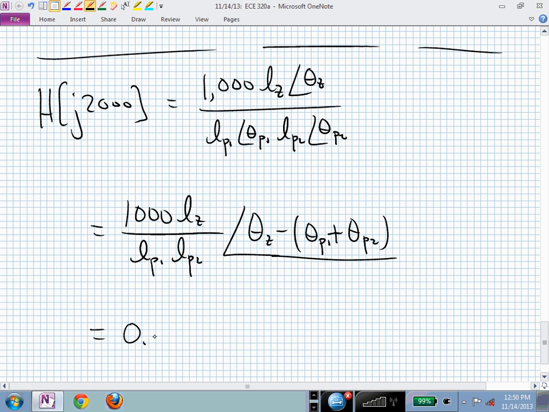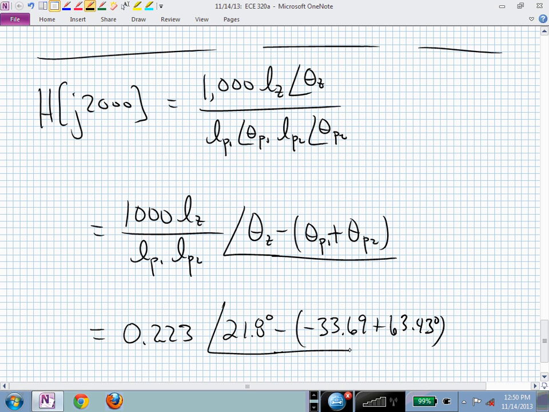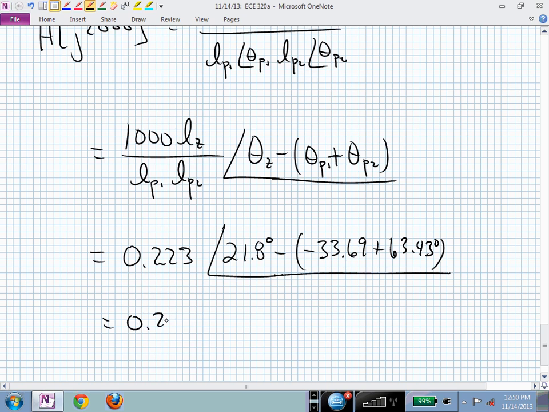If we perform the computation, we end up with the magnitude of our transfer function at that particular frequency is 0.223, and the angle is the 21.8 degrees minus a minus 33.69 plus the 63 degrees, or that ends up being a little bit less than 0.